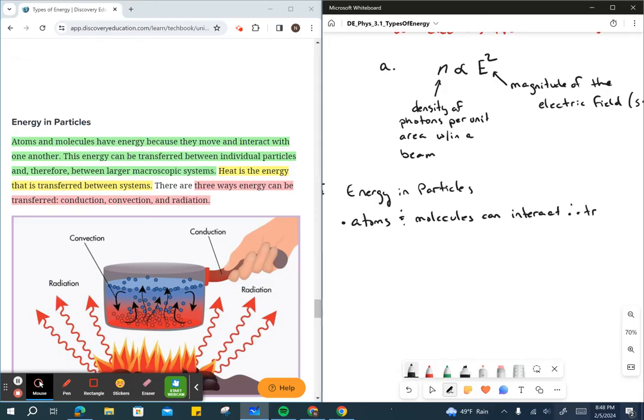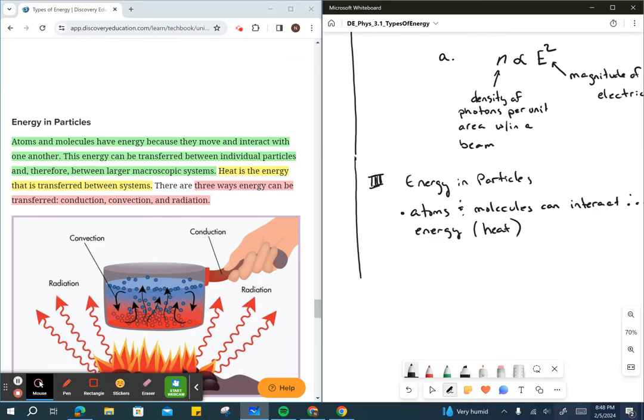Therefore, they transfer energy between them, okay? Heat is the way we describe that, okay? And we can say that there are 3 ways of transfer.